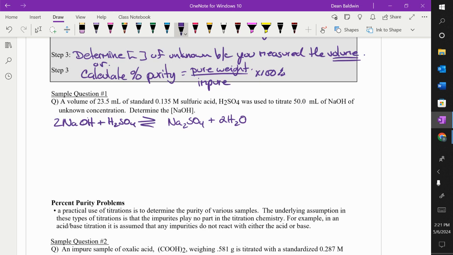Moles of what? Yeah, so this is our standard. We have 23.5 mL of 0.135 molar sulfuric acid. So that's how much we added into the Erlenmeyer. So the moles of H2SO4 is going to be the amount of liters, 0.0235 liters times 0.135 molar.